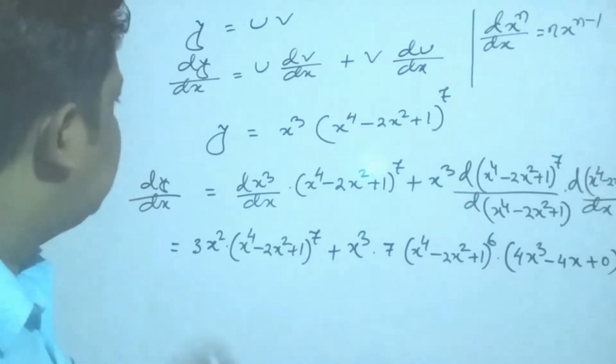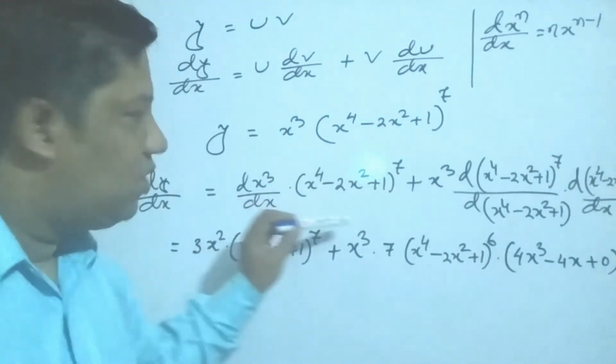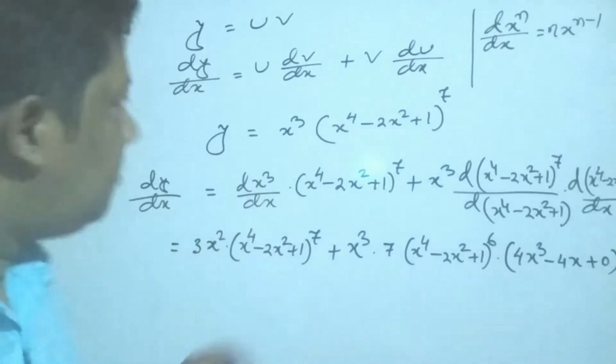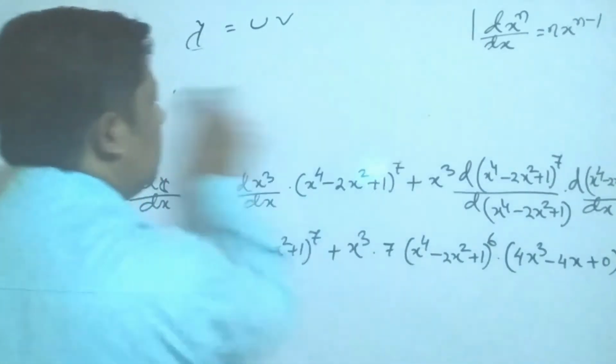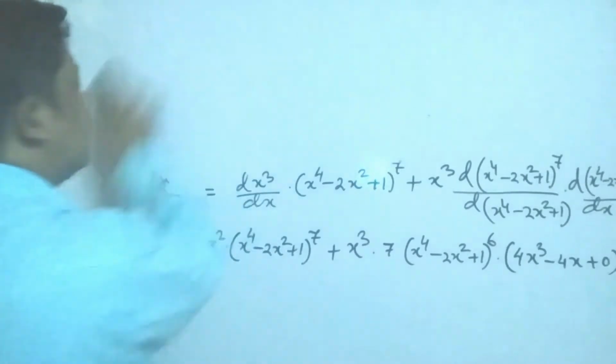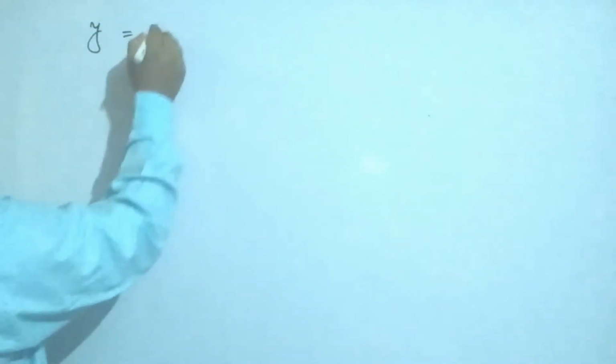So I think you understand how you can do so many questions with the UV form. Next identity is given by the u upon v form. If the question is u upon v, that means one part is divided by another part.